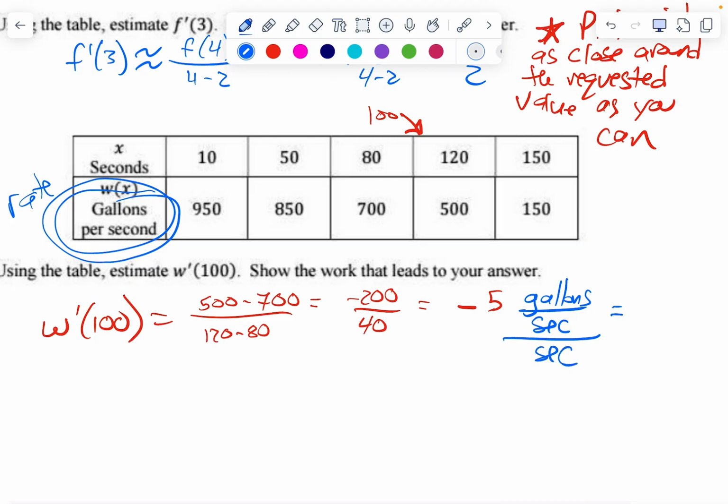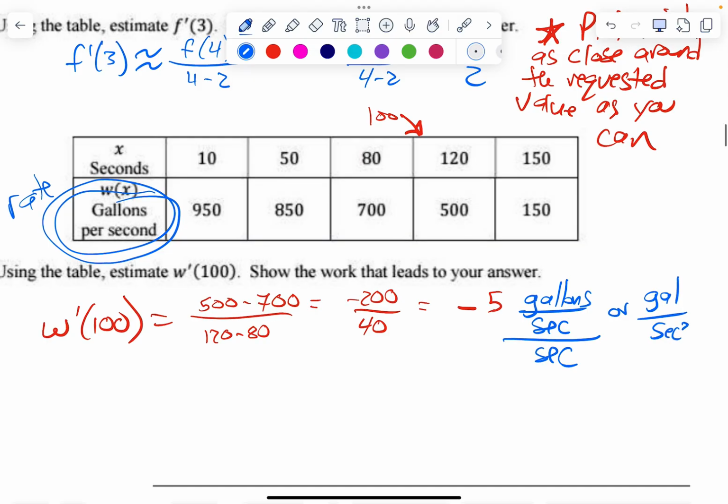Which we typically write, I don't need equals there. This is the same as acceleration in physics. We'll say gallons per second squared. I should write seconds there. Second squared. Okay? So be careful. If you're taking a rate and taking the derivative, now you're per, meaning we're picking up this every second. The rate is growing. So we can come back to that one tomorrow just to reiterate that.